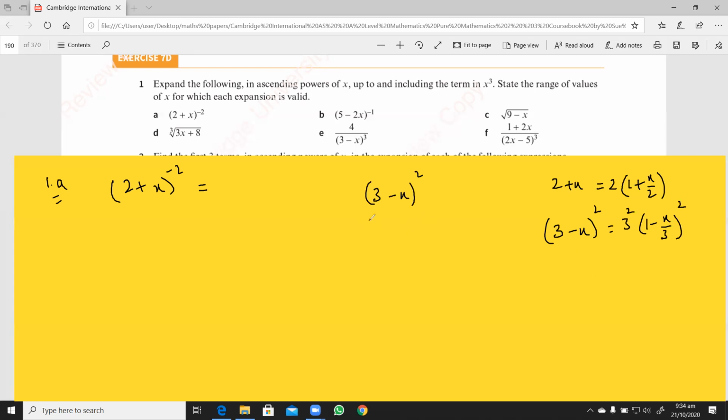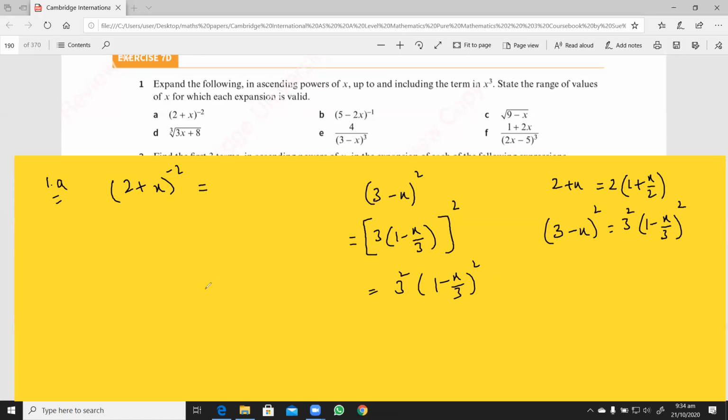Now, if I write it like this, a whole square, and then I take 3 common, are you fine with this? And now you apply this power onto both of them, so this will become 3 squared into 1 minus x over 3 squared. So whatever is the power on these brackets, you have to apply that onto the thing which is going to come out from these brackets.